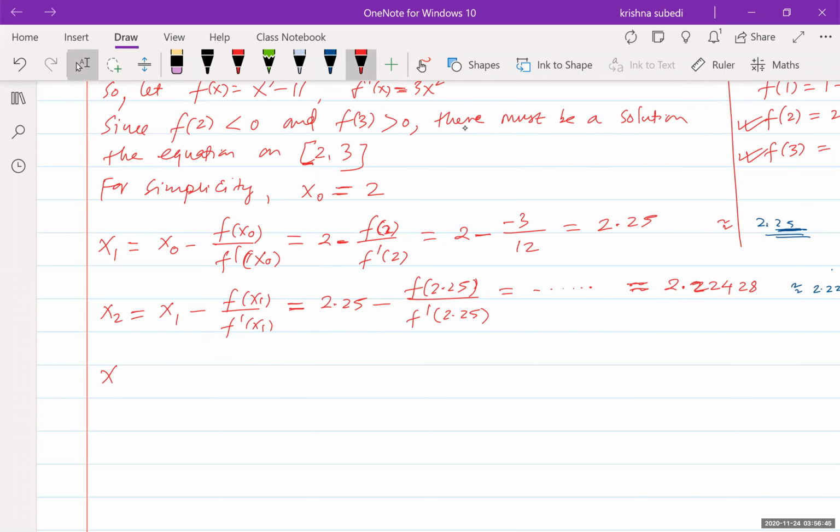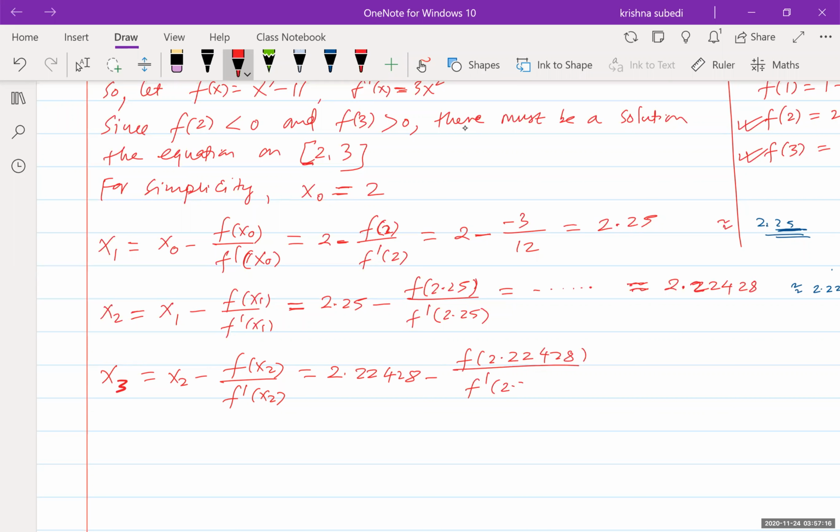So let us calculate the third root here, which is x2 minus f of x2 over f prime of x2. That's going to give me 2.22428 minus f of 2.22428 over f prime of 2.22428.